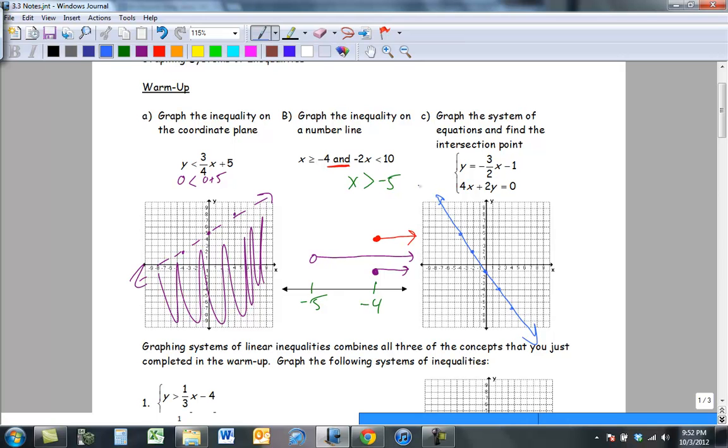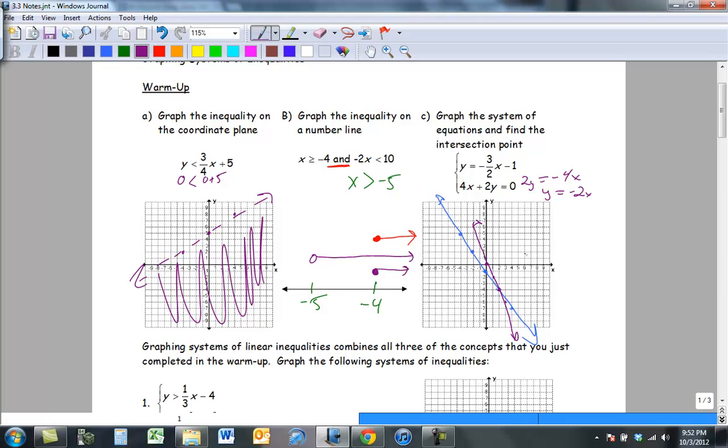Now this other line, you could get x by itself. You get 2y equals -4x. So y is equal to -2x. So 0, 0. Slope of -2, down 2, right 1, down 2.